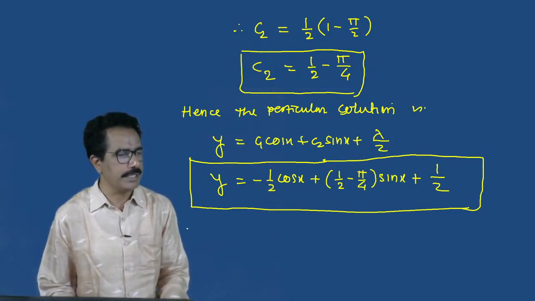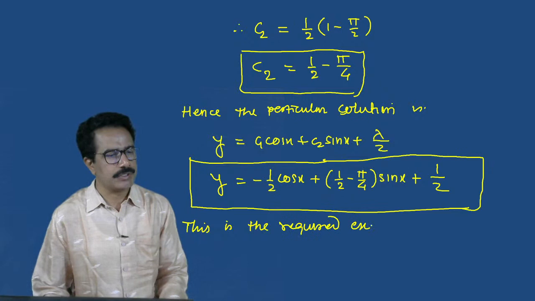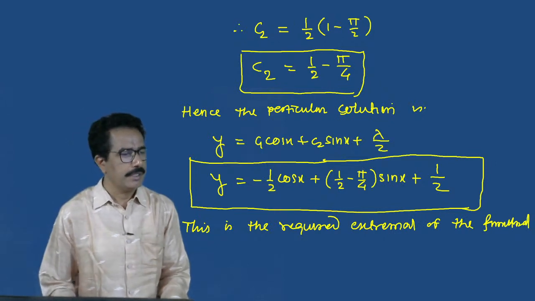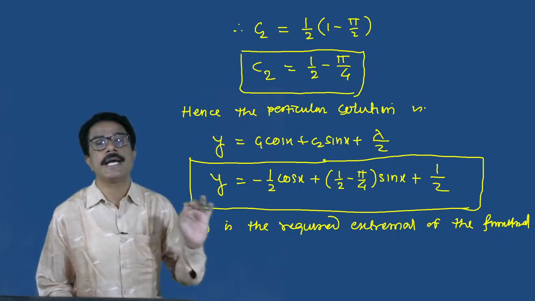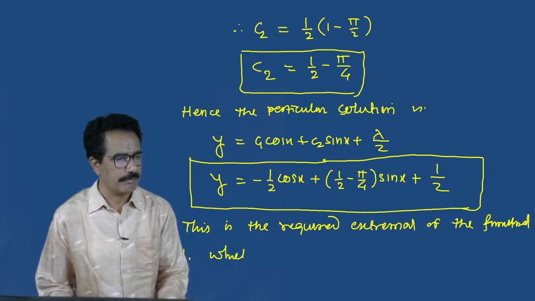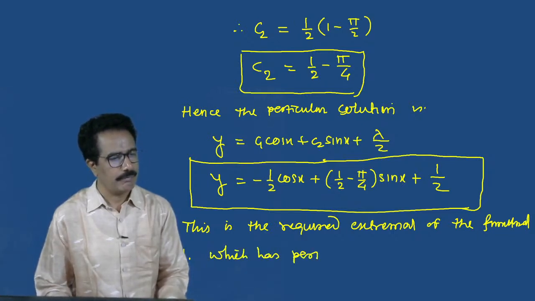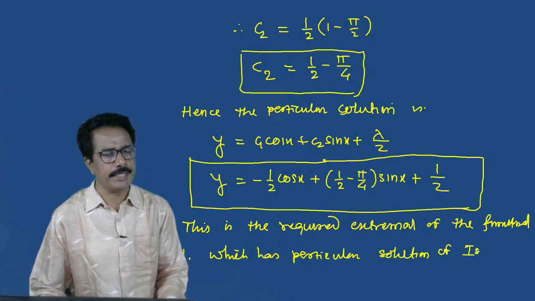So this is the required extremal of the functional h, and which is the particular solution of the isoperimetric problem.